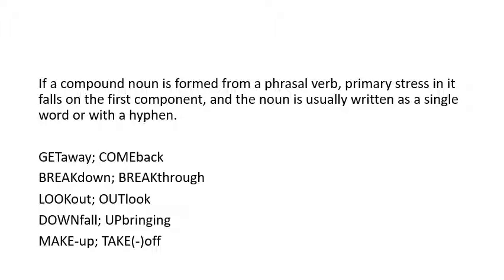If a compound noun is formed from a phrasal verb, meaning I make a noun from this phrasal verb, the primary stress in it falls on the first component. It changes: the primary, or strong, stress falls on the first component. And the noun is usually written as a single word or with a hyphen. The change is that the noun from this phrasal verb becomes one word, with the two parts joined, or separated by a hyphen. Like what?